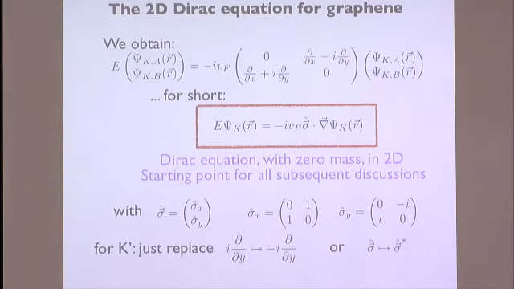And the derivatives that appear happen to mix B and A. So these derivatives will act on the B component and give a contribution to the A component up there.